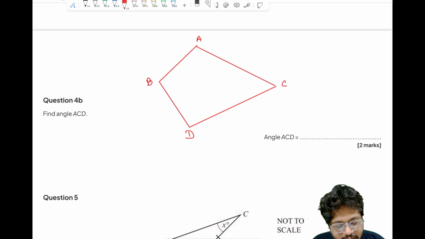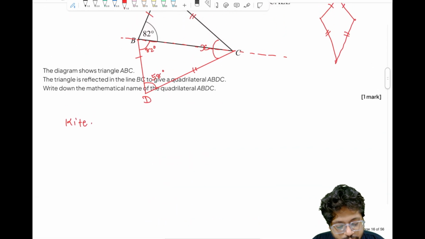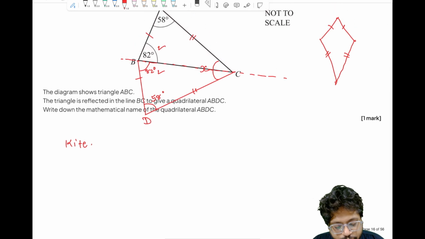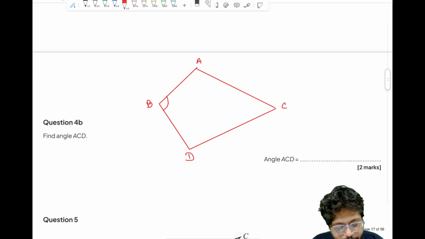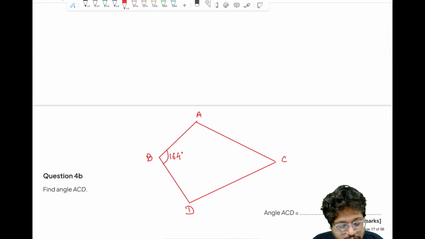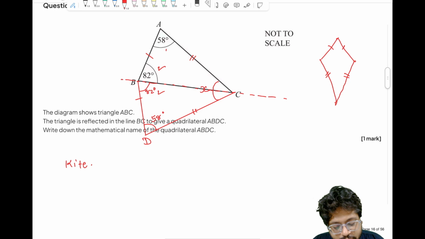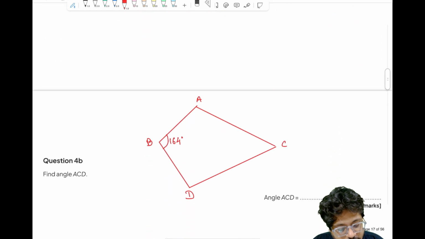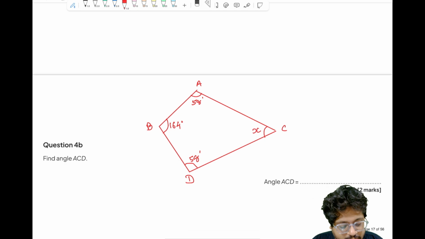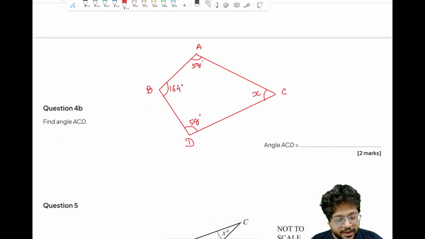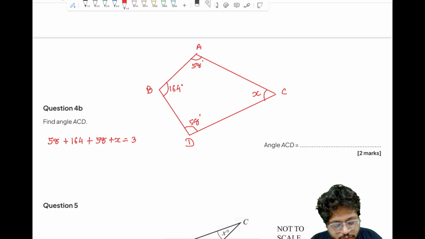So angle ABD, this whole angle, will be equal to 82 plus 82, which is 164, because we are just looking at the whole quadrilateral now. This is 58, this is also 58, so angle A is 58, angle D is also 58, and let's call this angle C, which we want to find, X. Now let's use the angle sum property: 58 plus 164 plus 58 plus X is equal to 360.